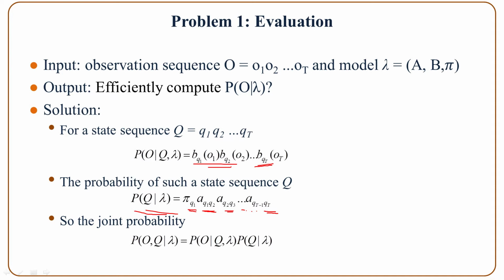So the joint probability P of O and Q given lambda is the conditional probability of O given Q and lambda times the probability of Q given lambda.